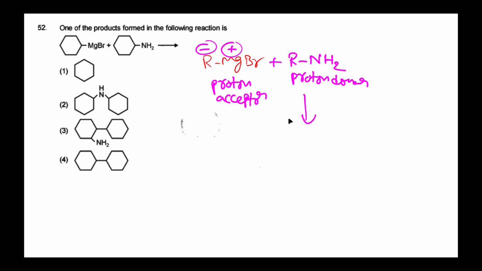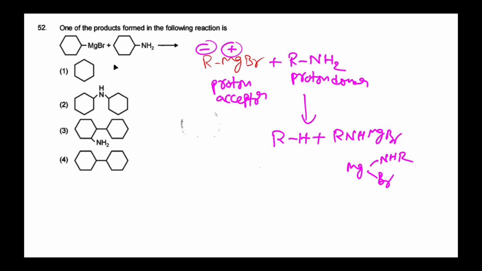So in that reaction, RNH MgBr will form, that is magnesium bonded with Br and NHR. So the remaining alkyl group takes out that proton.